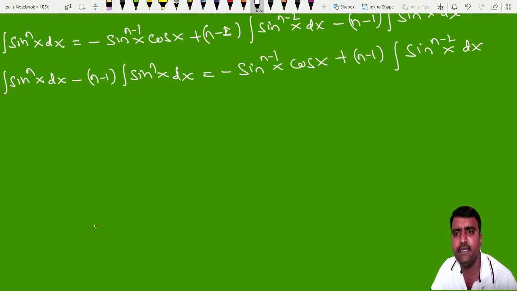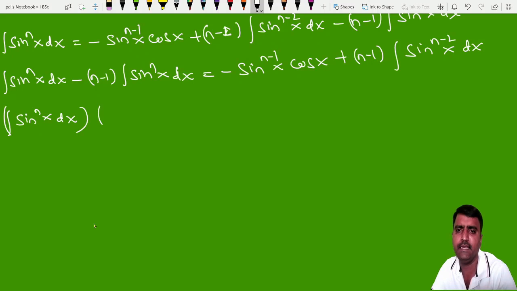Now take the integration of sine to the power nx dx as a common factor.